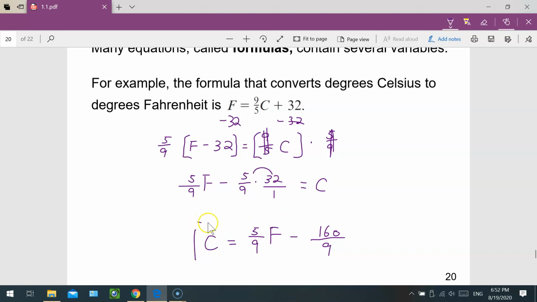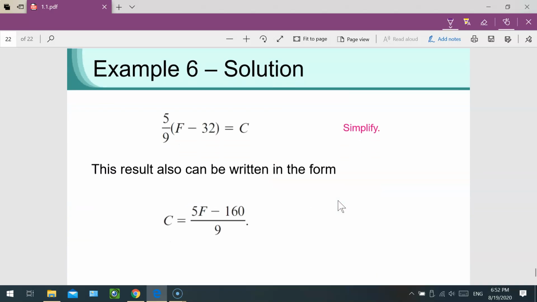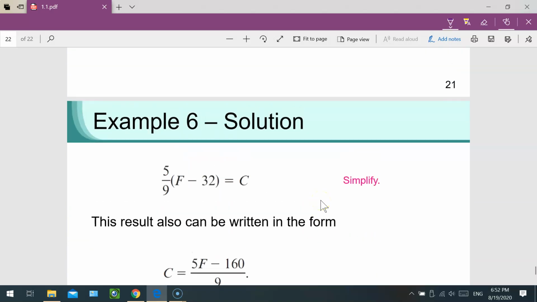Now you have solved the equation for C. This one we converted from Fahrenheit into a Celsius equation. Alright, so this would be section 1.1.